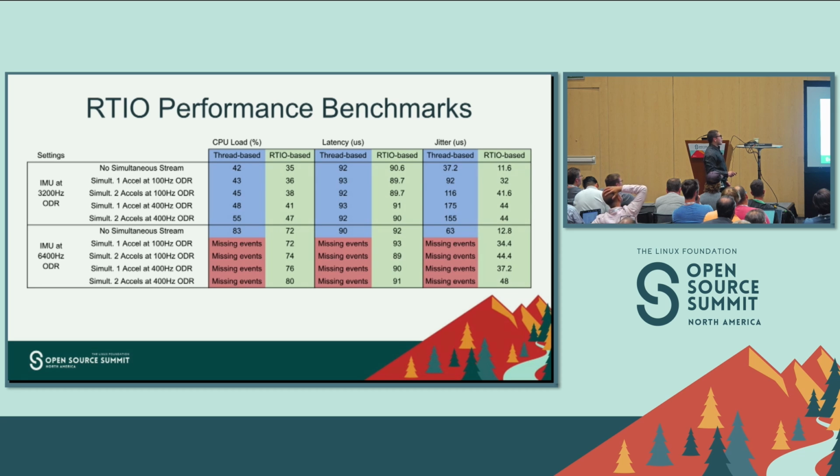For latency, they're kind of similar, slightly longer for the thread-based solution, but it isn't that much. The biggest difference between the RTIO-based solution and the thread-based solution is the jitter. As you can see, it is significantly lower for an RTIO-based solution, give or take 2, 3, or even 4 times lower. The devil's in the details. How do you configure this?